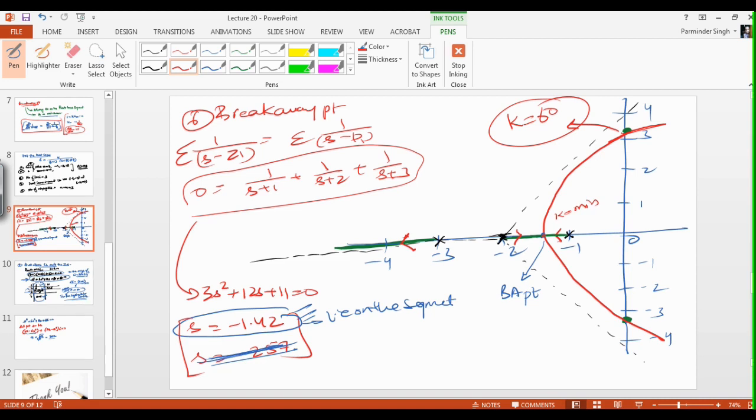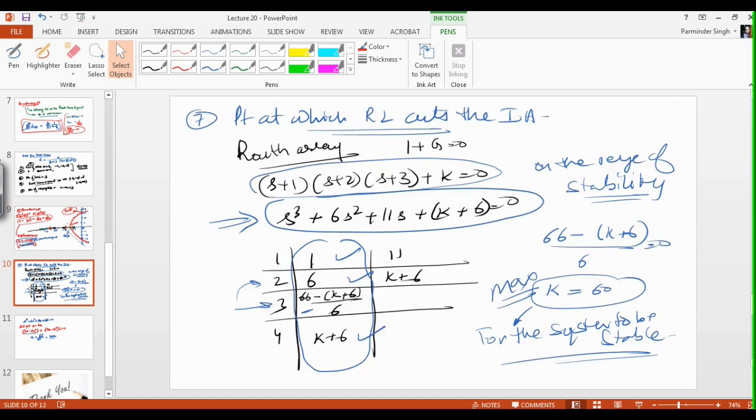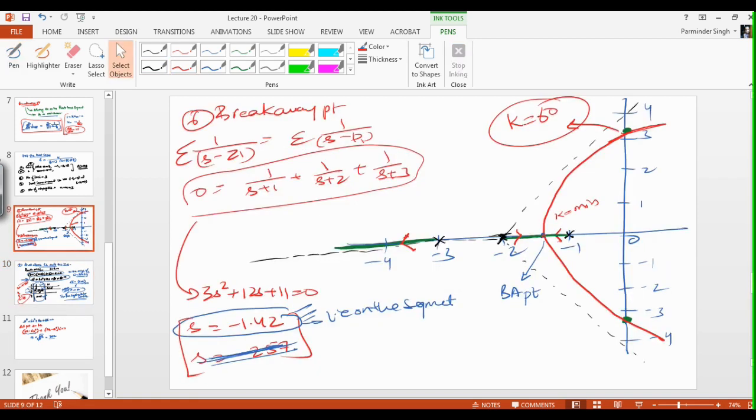So when I substitute s equal to minus 1.42, I can calculate the value of k. K comes out to be, let's say, 0.286. So at this breakaway point, my k is 0.286.